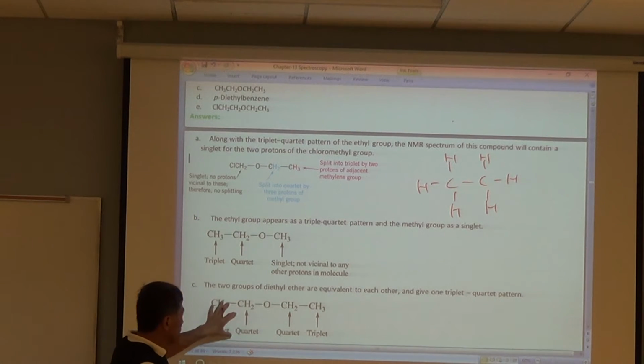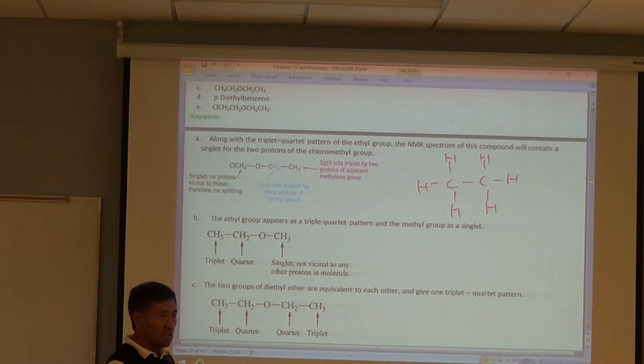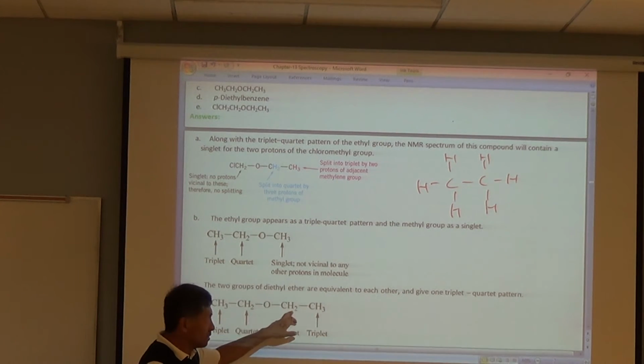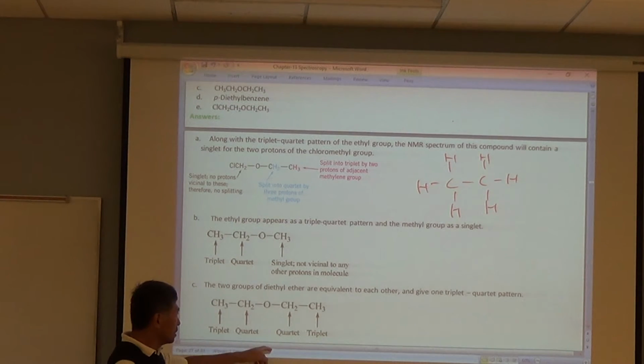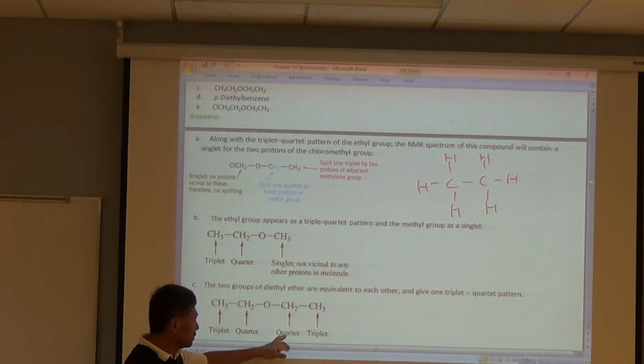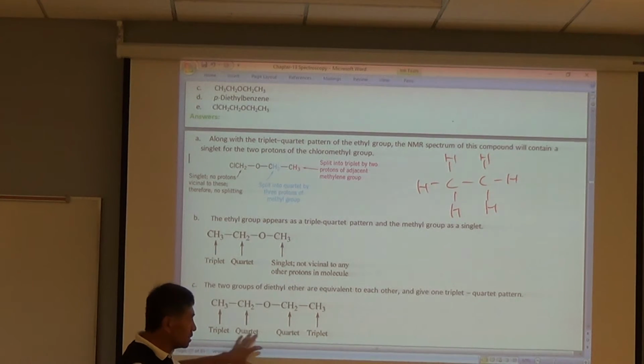So this ethyl is on the left side of the O, and this ethyl is on the right side, the same. But this is different from this. So these 2 H and these 3 H are different. Therefore you will see just one set of quartet and triplet. This set of quartet and triplet is the same as this set.